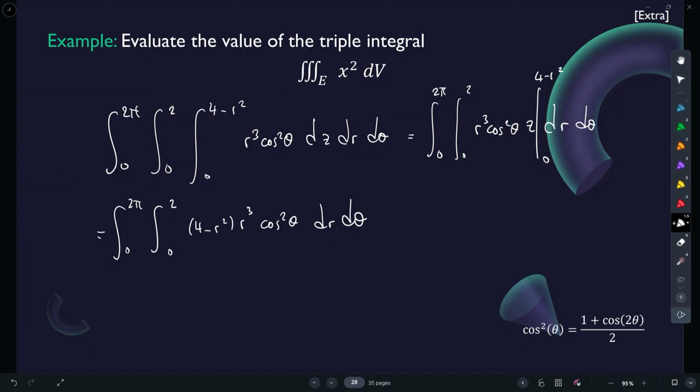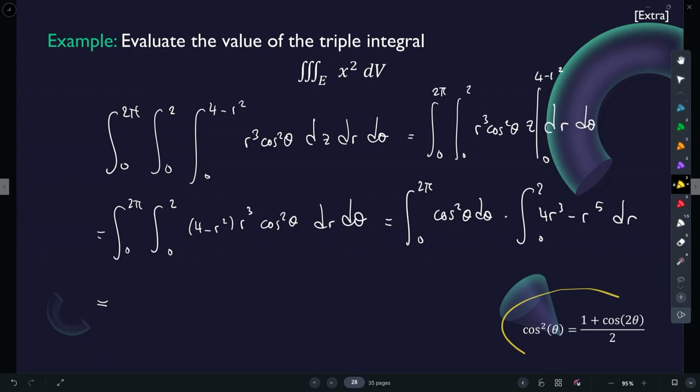Remember that if I have a function, I'm integrating with respect to r and theta, but this is a function of r times a function of theta. I can actually break it up as a product of two integrals. So this is the integral from 0 to 2 pi of cosine square of theta d theta times the integral from 0 to 2 of, I can distribute that r cubed to be 4r cubed minus r to the 5 dr. And it turns out that that integral with respect to theta, you can use this.